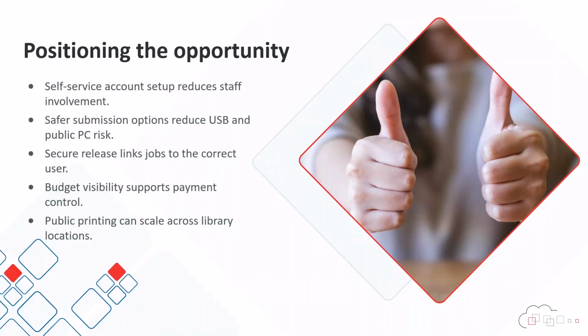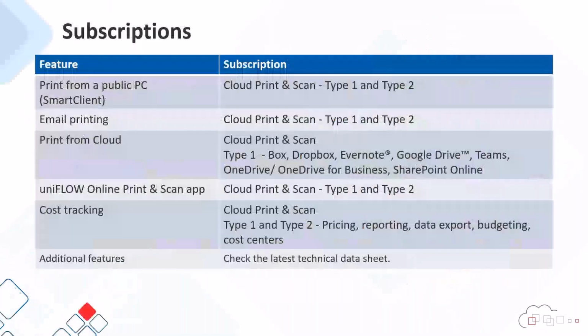So with that, let's have a look at the subscription information required to make this solution happen. Now, as you can see, the functionality we have discussed in this session is possible with the Cloud Print and Scan subscription. Now, this includes public PC printing, email printing, print from cloud, the uniFLOW Online Print and Scan app, and cost tracking, all the components that you need.